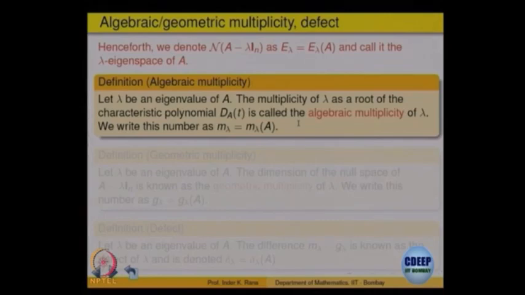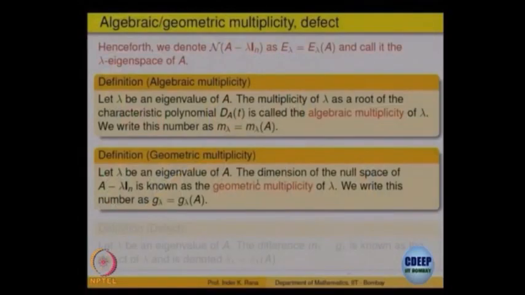Now, on the other hand, for this eigenvalue we are interested in eigenvectors. How many eigenvectors exist depends on the dimension of the null space. We call that the geometric multiplicity of the eigenvalue. What is geometric multiplicity? That is the dimension of the null space of A minus lambda I_n, which is the same as the nullity of this matrix.